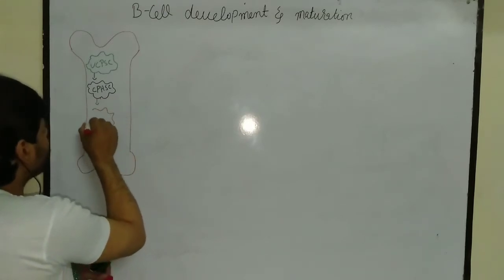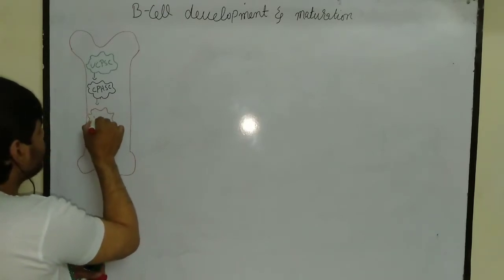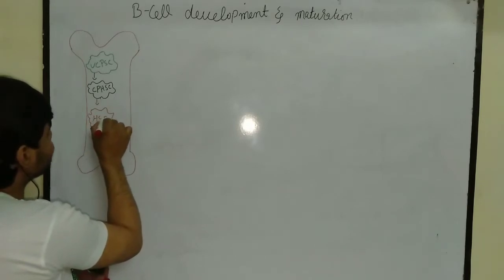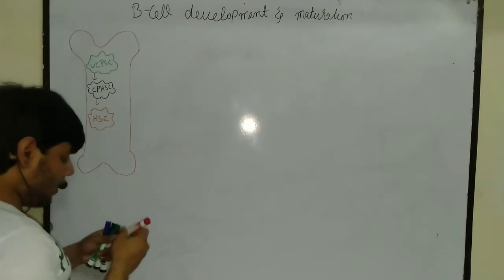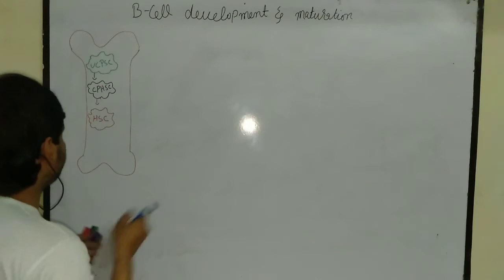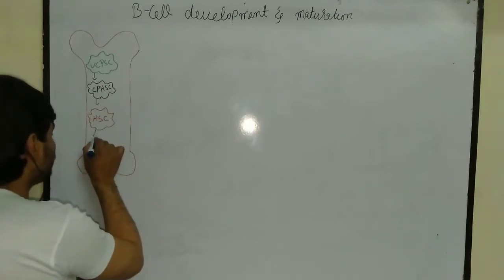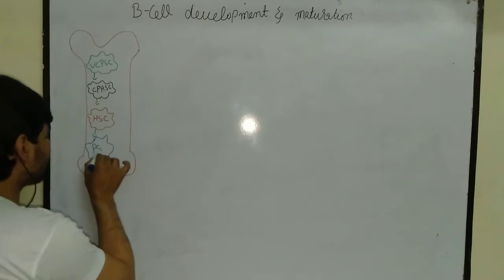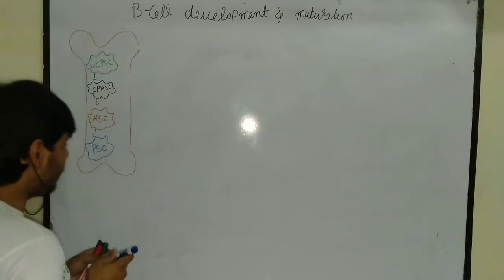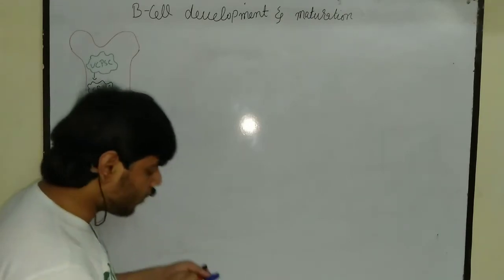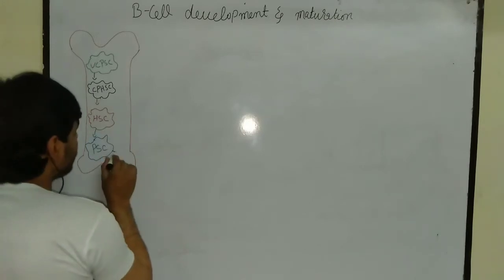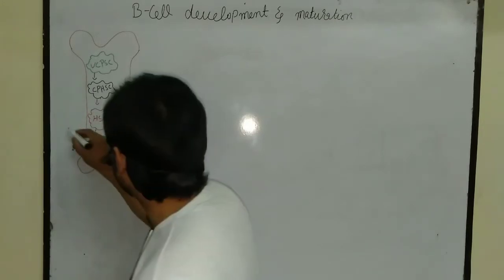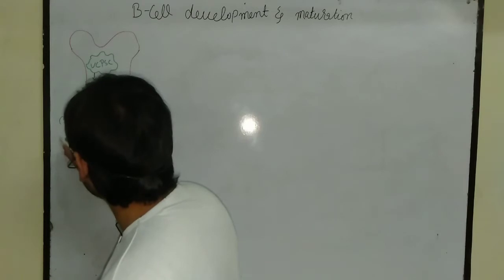this cell will be converted into hematopoietic stem cell. This hematopoietic stem cell will be converted into pluripotent stem cell. And after that, this pluripotent stem cell will be converted into lymphoid stem cell.